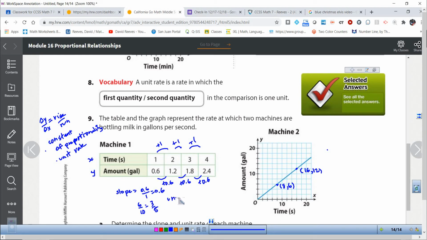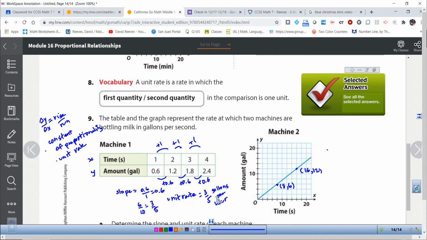Now, unit rates, you want to actually put the units of measurement on there. So we have a number, and I'm going to go ahead and write it as a fraction. 3/5 what? 3/5 gallons per hour.